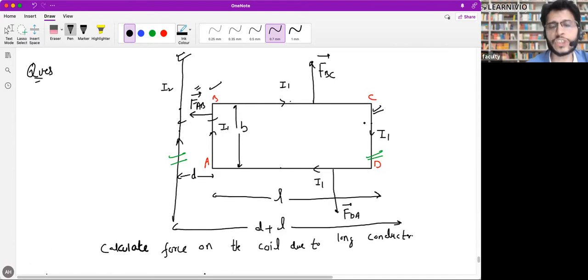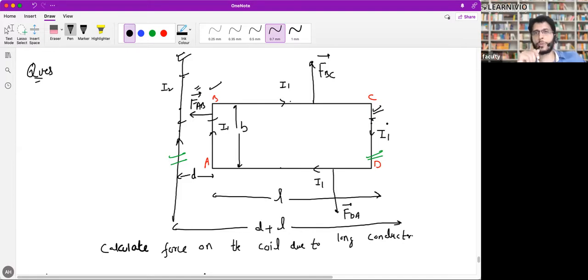Can you guess the direction of force, Mariam? This long conductor and this CD, will they attract or repel each other? Check the direction of current. Is it same or opposite? It's opposite.